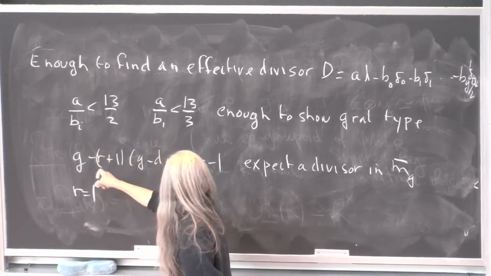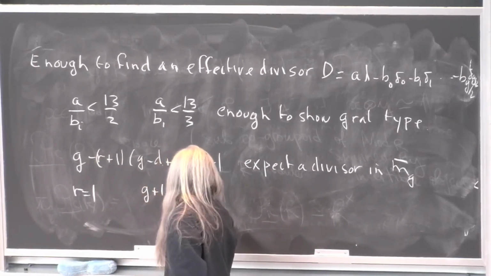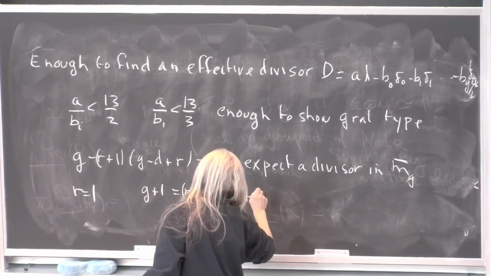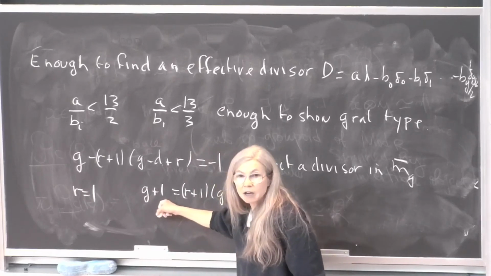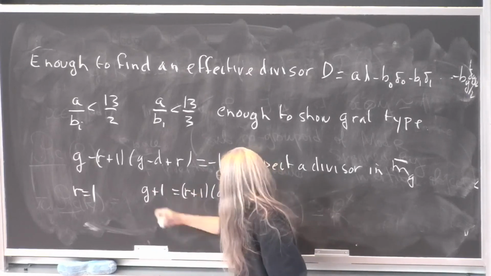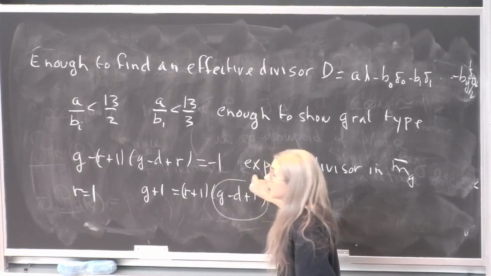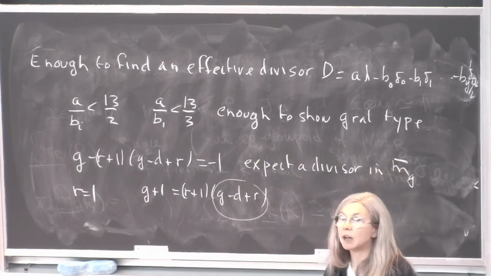And then you need g plus 1 to be (r plus 1) times (g minus d plus r). So when g plus 1 is even, so when g is odd, there is a divisor that you can compute. The g you have fixed, right? The r we set is 1, so that allows you to figure out what the d should be. There is a choice of a d, only one, that gives you the right divisor.